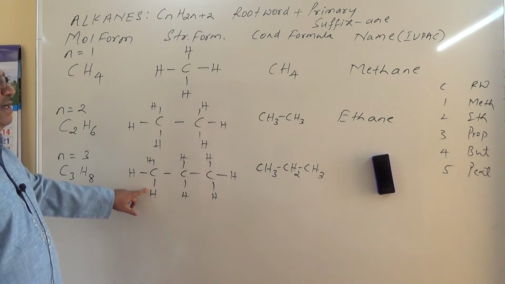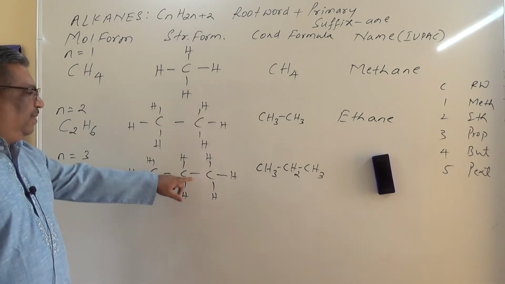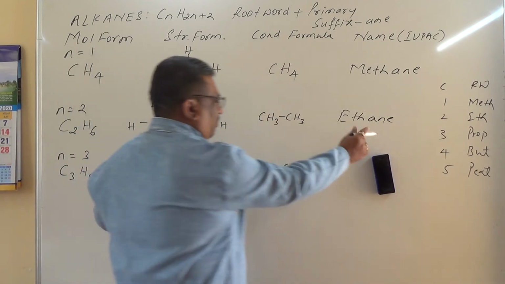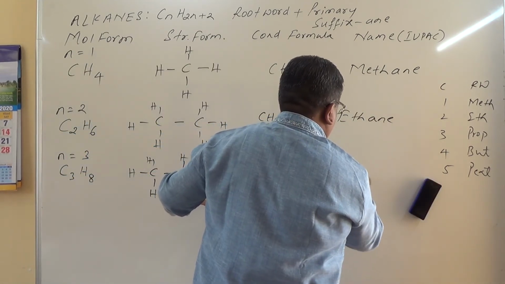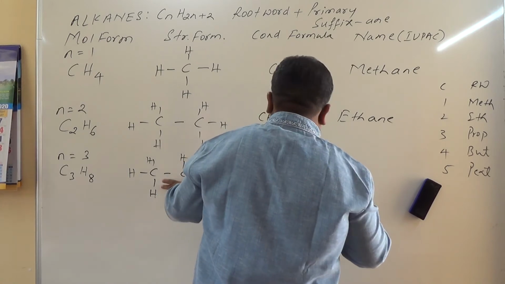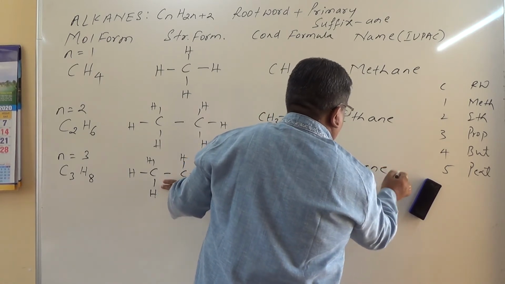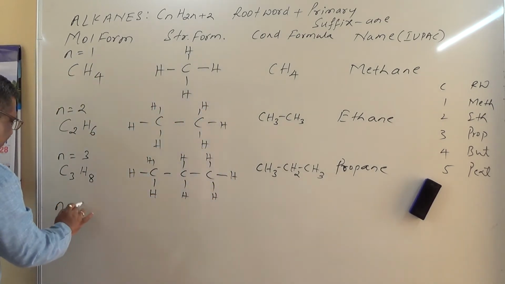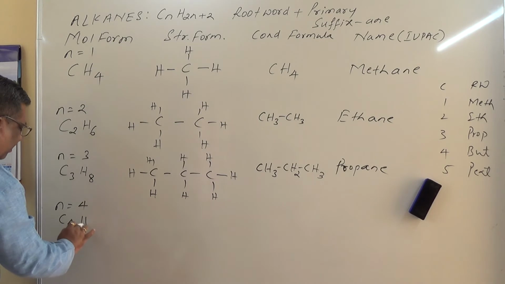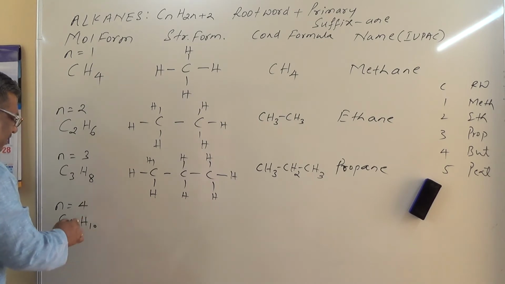This is the condensed formula. Let us name it. What is the IUPAC name? 3 carbon atoms, root word prop, P-R-O-P, and ane, because a single bond is there between carbon atoms. It is called propane. One more I'll take as an example. n equals 4, C4H10, 4 times 2 is 8, plus 2, 10.